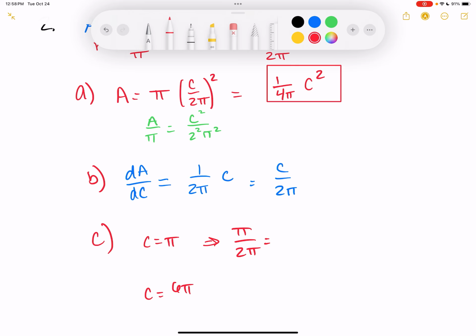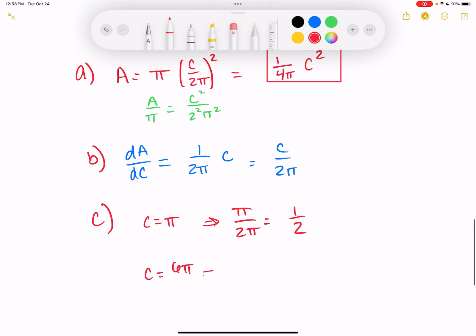I replaced C with pi up here. So I have a pi on the top and 2 pi on the bottom. Yes, it's 1/2. I was thinking there was no x, it wasn't like pi squared. I was like, what is happening? He's canceling pi in 2. I'm not sure where that's coming from.